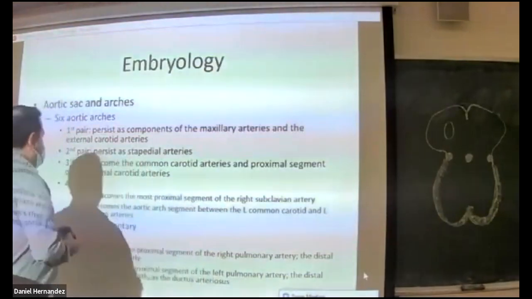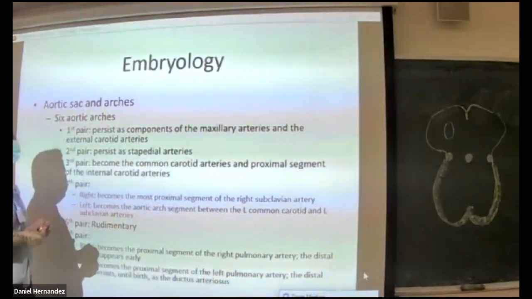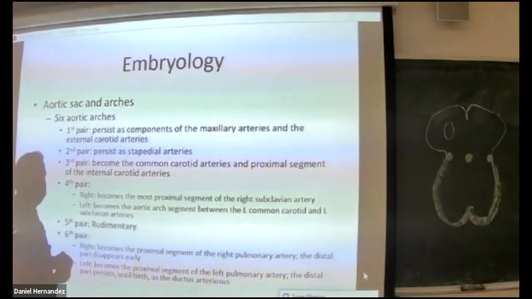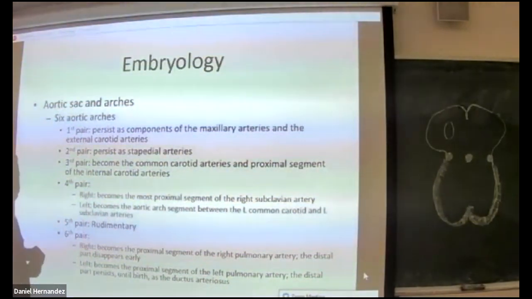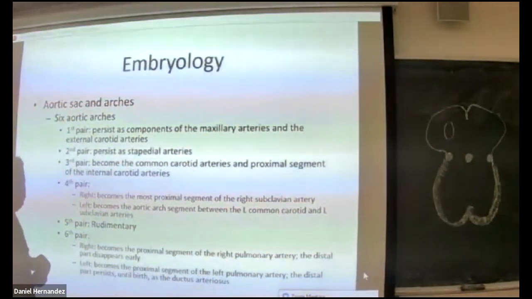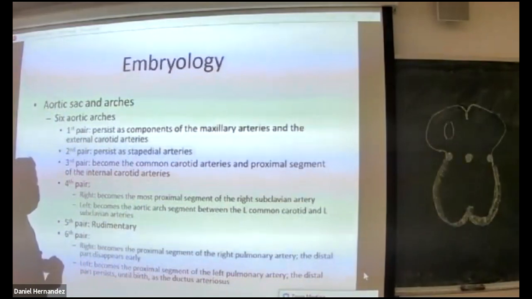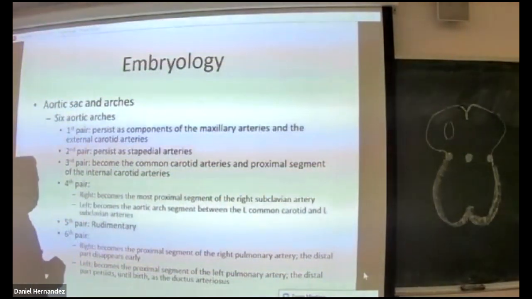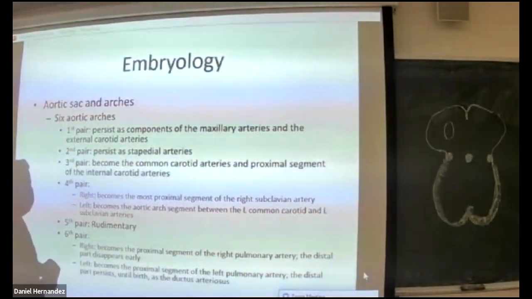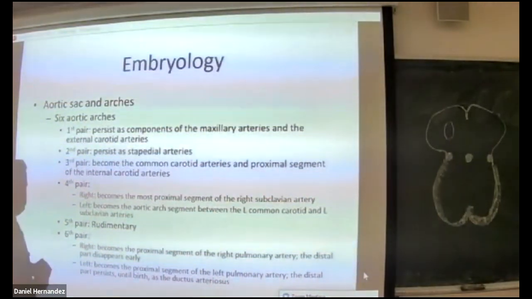The third pair becomes the common carotid arteries and the proximal segments of the internal carotid arteries. The fourth pair, right, becomes the most proximal segment of the subclavian artery. Left becomes the aortic arch segment between the left common carotid and the left subclavian arteries.